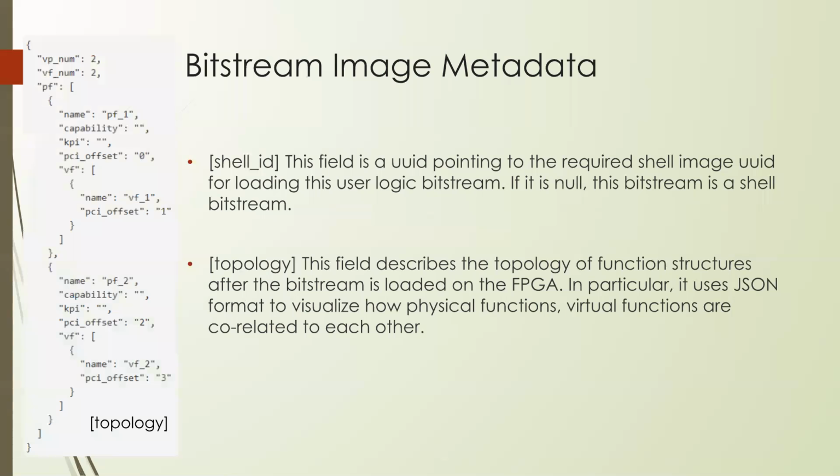Right. So in that case, if you want to put those into those properties, it will be. But there needs to be a way for you to say, I want this image, and this image is my function. And I need a unique identifier that I can put in the flavor if I want. And that function could be the shell, or it could be the PR bitstream.